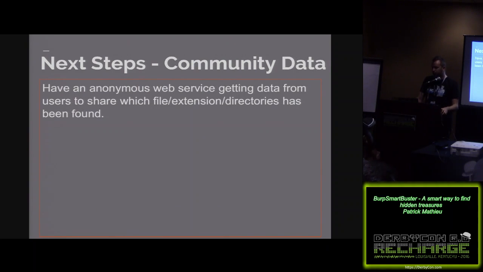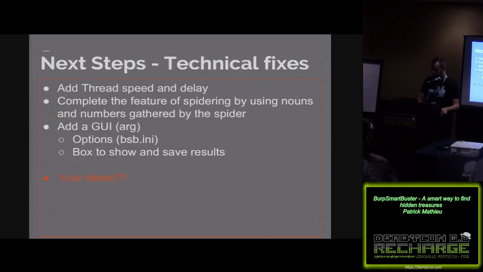The community data, like I said, and some technical fixes. Right now I'm using an INI file for configuration. I didn't do a GUI inside Burp. I don't like coding Java GUI, so I just didn't do it. But it's welcome if someone wants to help.